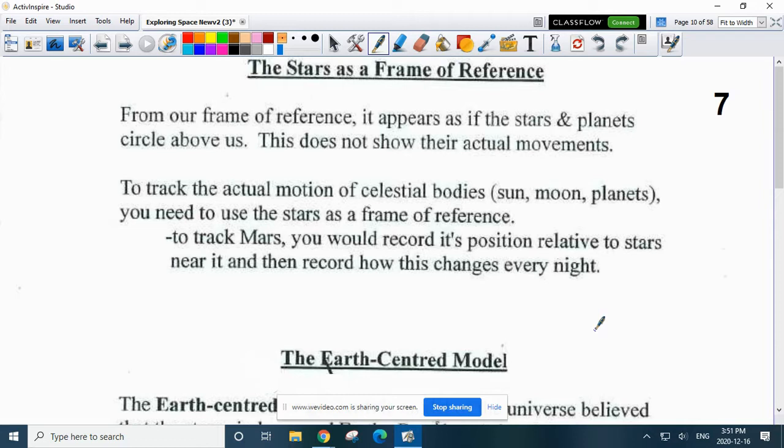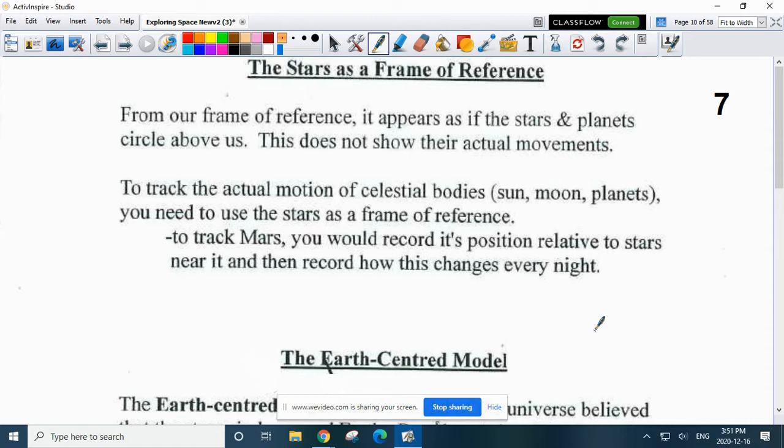So why did we do frame of reference? Because when we look up in the sky, we use the stars as our frame of reference, right? It looks like the stars and planets are turning above us, but they're not. We know it's because the Earth is actually turning. However, if you want to find out what an object is actually doing, you need to use a frame of reference. You can't use the sun.